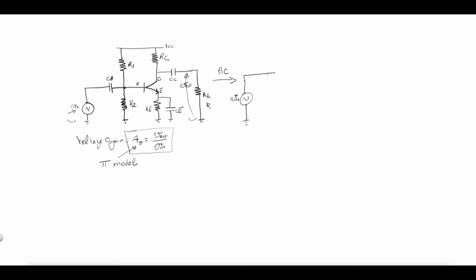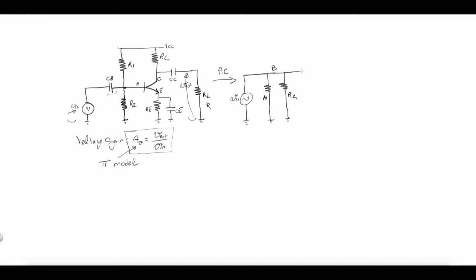And we know that R2 and R1 are going to be in parallel to ground. So R1, R2, and this is still the base, this whole line right here, since this capacitor is shorted, right?